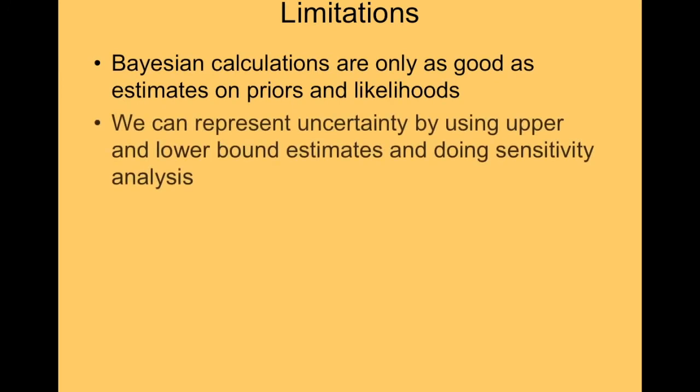Okay, so the limitations of this, as I said, it's only as good as the information going into it. We can represent uncertainty by using upper and lower bound estimates of likelihood ratios and priors. And we can then do a sort of sensitivity analysis, work it through with this prior and see what the outcome is, work it through with that one, work it through with the same prior and different likelihood ratios or different weights of evidence and see how much difference that makes.